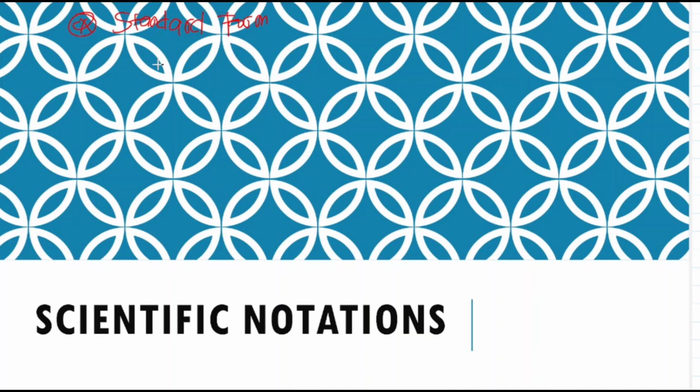So basically, a number is said to be in standard form if you can write the number as a times 10 raised to power n. Any number that you can write in the form a times 10 raised to power n is said to be in standard form. This a is a number between 1 and 10.